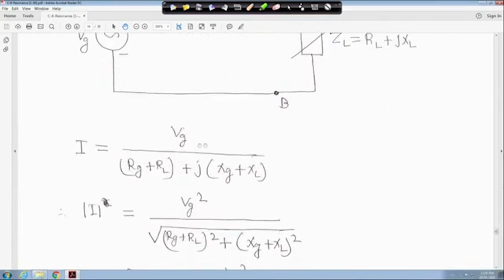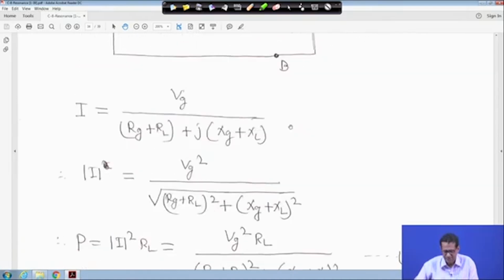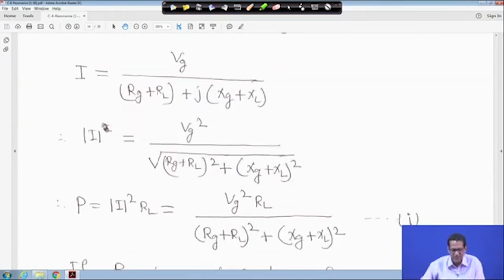Now current I is equal to VG upon R_G plus R_L plus j times X_G plus X_L, like your series circuit. So the magnitude of the current I is VG upon root over R_G plus R_L squared plus X_G plus X_L squared, right.